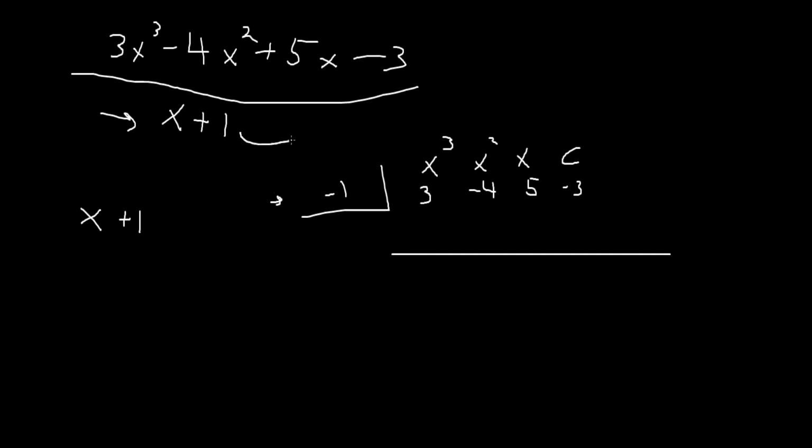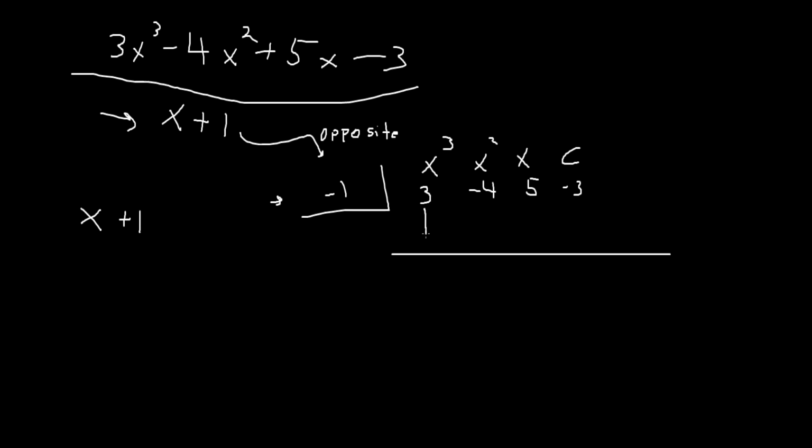You always put the opposite of whatever you're dividing by in here. So instead of x plus 1, I'm going to put minus 1. The reason is that it's the opposite sign, because if I was actually going to do this, I would have to multiply by a negative at some point. So here, I just went ahead and did it ahead of time, so I wouldn't have to do it over and over again.